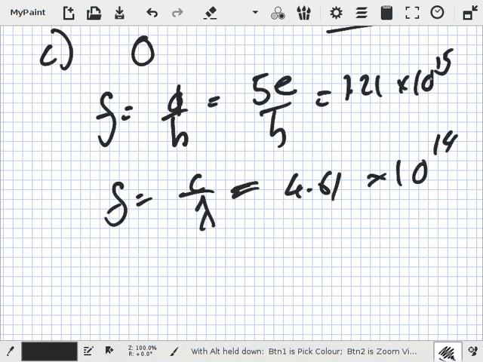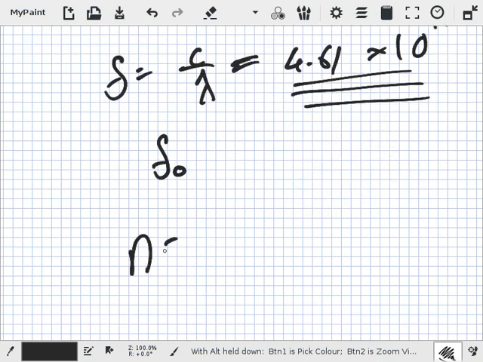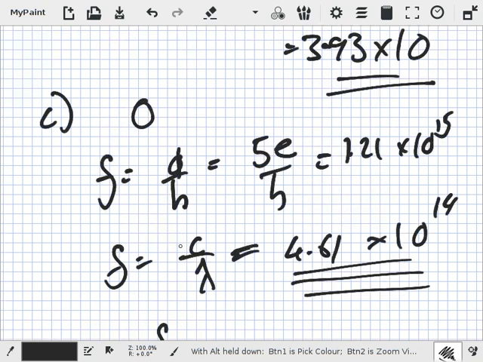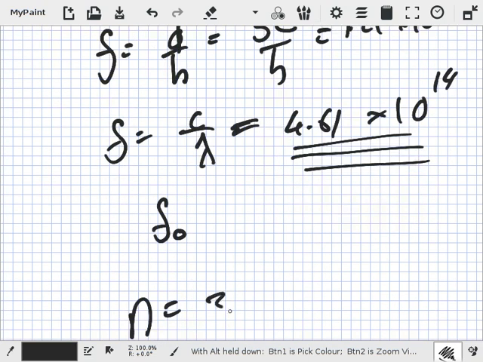In fact, it's going to be 5 times smaller. So I won't even bother calculating it. I know the new threshold frequency will mean that this frequency of light will be big enough. So the answer will be 3.93 times 10 to the 18 electrons freed in a second.